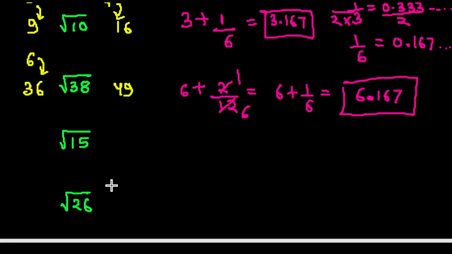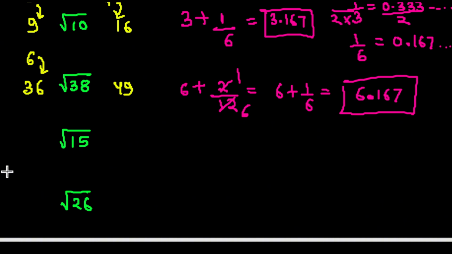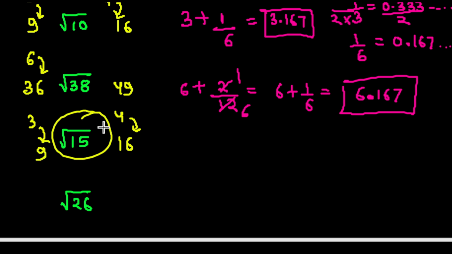All right, a few more examples so that you can practice. Now 15. The closest square I can say is 16, right? That is the square of 4. If I say 3, it's going to be 9, right? So it is in between, but it is closer to this one. We're going to use the same method, but one thing to keep in mind: we will be taking 4, and now instead of adding we need to go back, right?